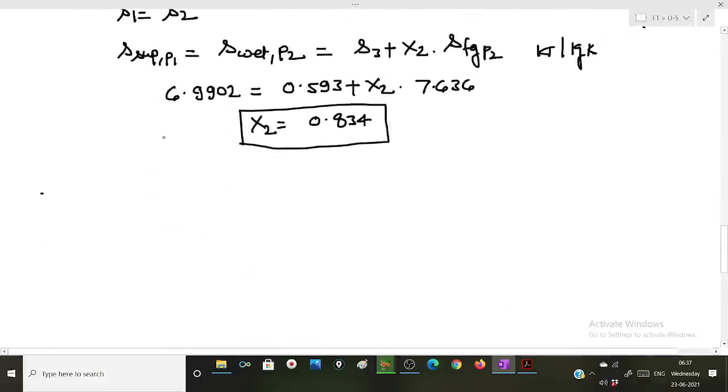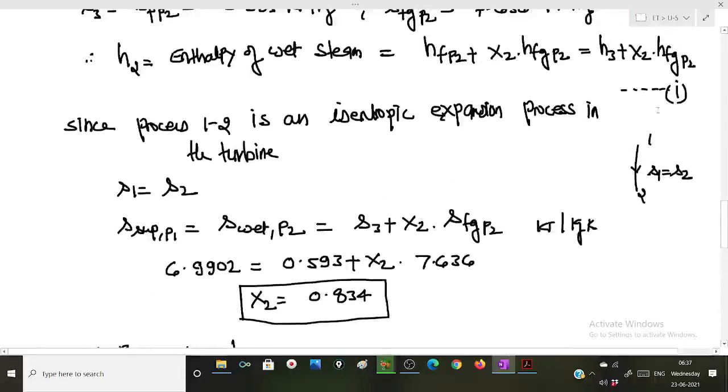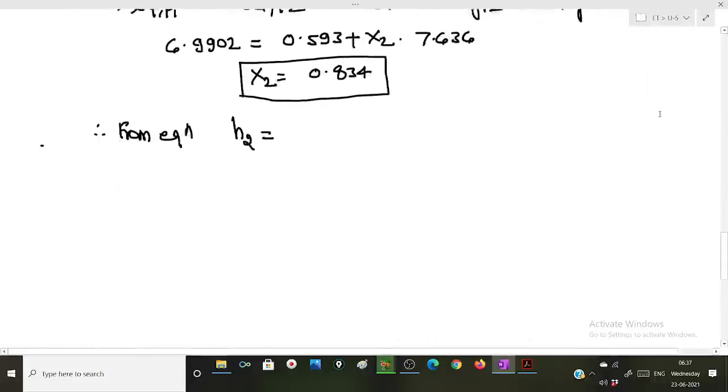So after getting the value of X2 from equation 1, for H2, H2 is equal to H3 plus X2 into HFG P2.